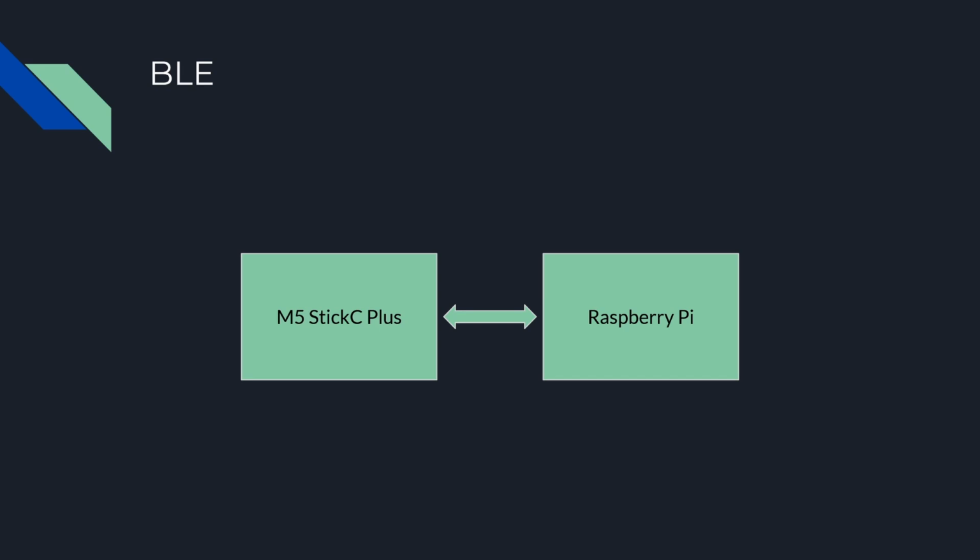In doing so, the Raspberry Pi is able to pick up when the responses on the M5 Stick C+ have changed and is able to act on it. To check whether a Bluetooth device is connected, there is a timeout associated with it, and if a device fails to send a keep alive message within a 4-second timeout, it will then be considered disconnected.